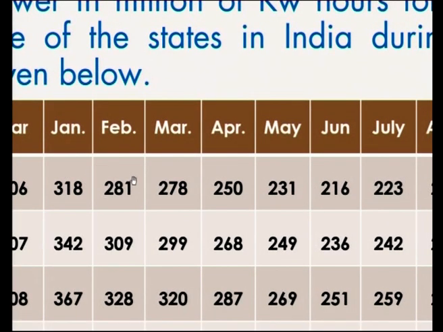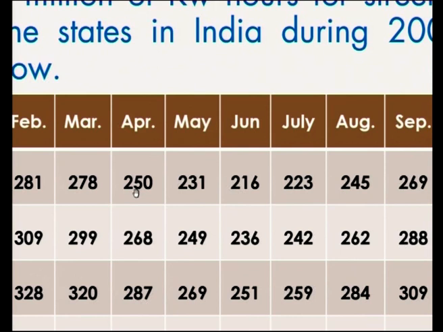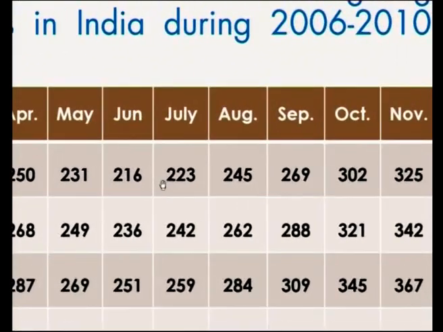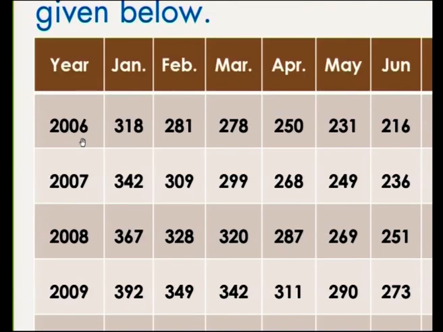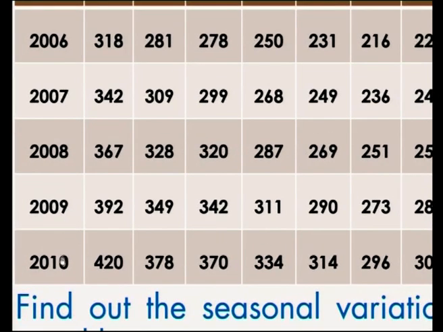Similarly, for the month of February, it is 281 million kilowatt hours. 278, 250 for the month of April, 231 for the month of May, 216 for the month of June, 223 for July, 245 for August, 269 for September, 302 for the month of October, 325 for the month of November, and 347 for the month of December. Similarly, the values for the years 2007, 2008, 2009 up to 2010 are given.